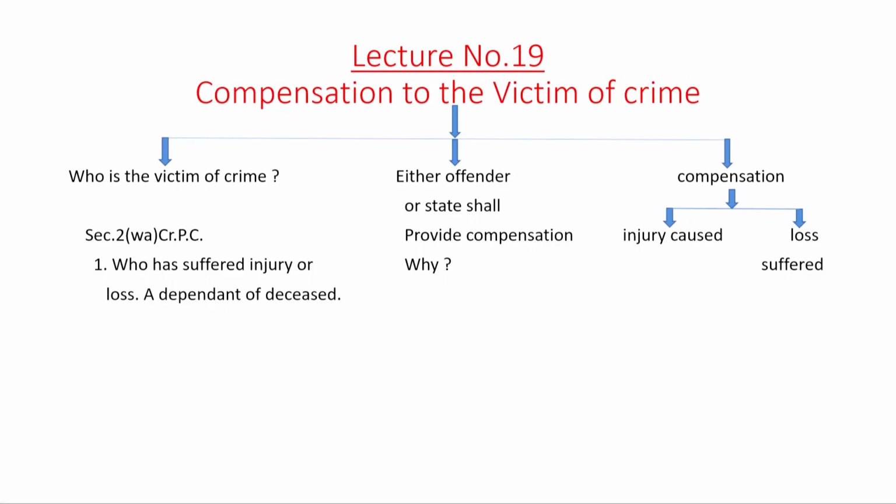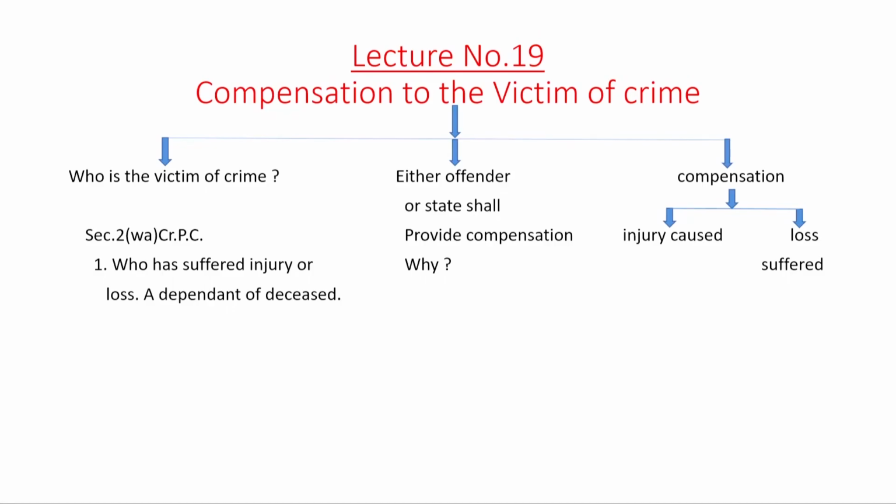with the meaning of victim. As you all might be knowing, section 2(wa) of the Code of Criminal Procedure talks about the victim of crime. According to section 2(wa) of the Code of Criminal Procedure 1973, a victim is a person who himself has suffered loss, or the dependents of the victim who has suffered loss, collectively.